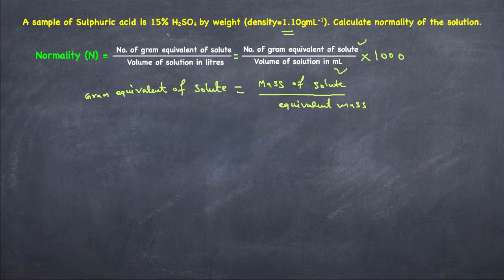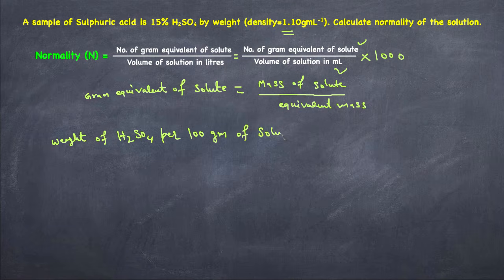They gave us 15% H2SO4 by weight. That means weight of H2SO4 per 100 gram of solution, and it is going to be equal to 15 gram because it's 15%. So this is basically our mass of the solute.